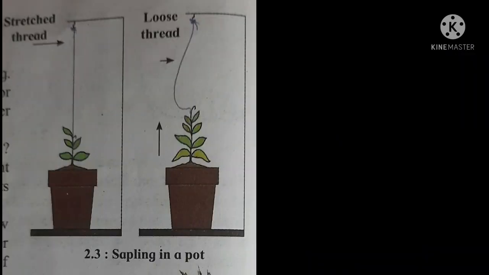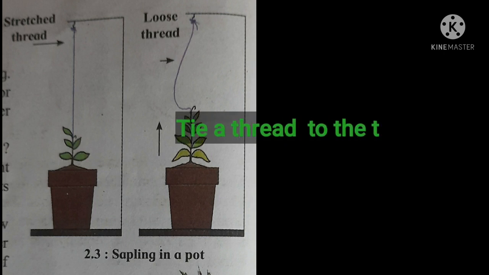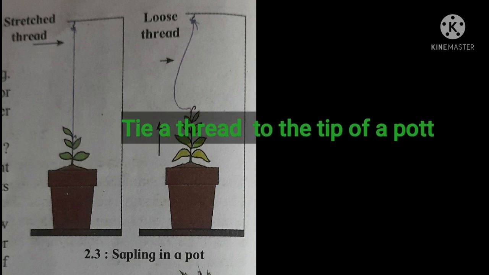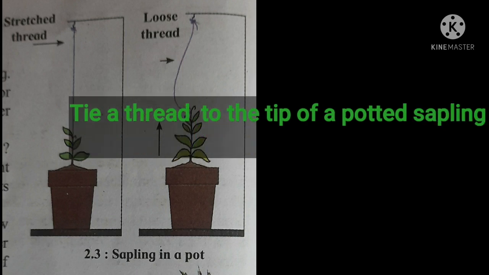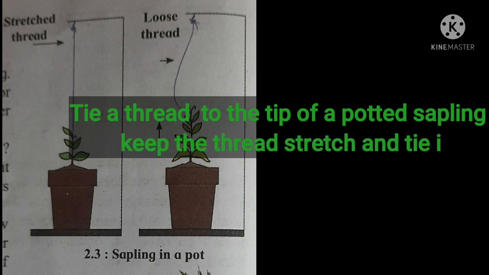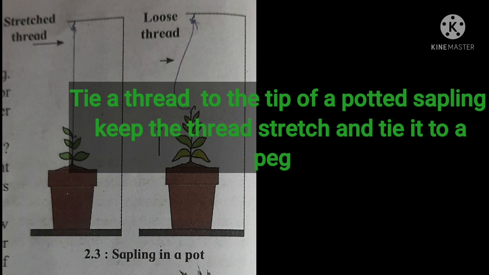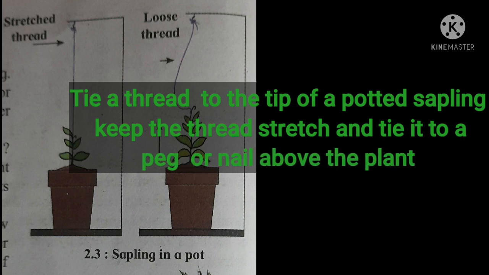At home you have a sapling and a pot. So take two saplings in pots, tie a thread to the tip of a potted sapling, keep the thread stretched and tie it to a peg or nail above the plant.